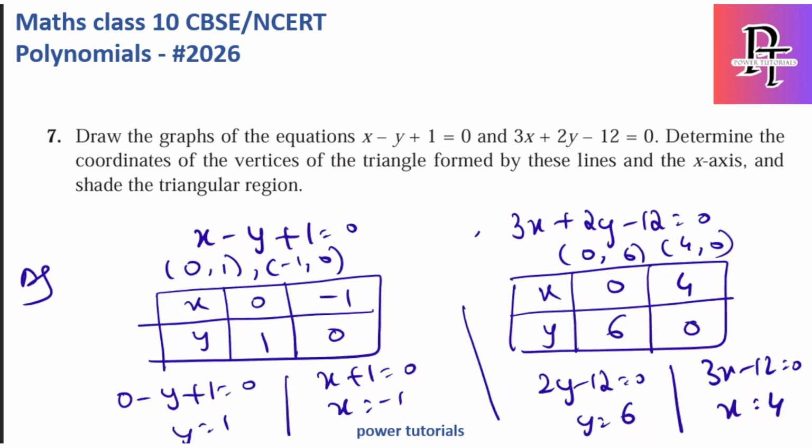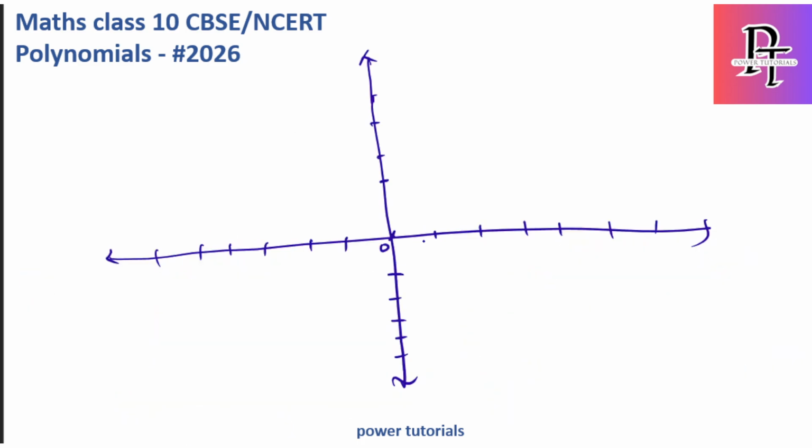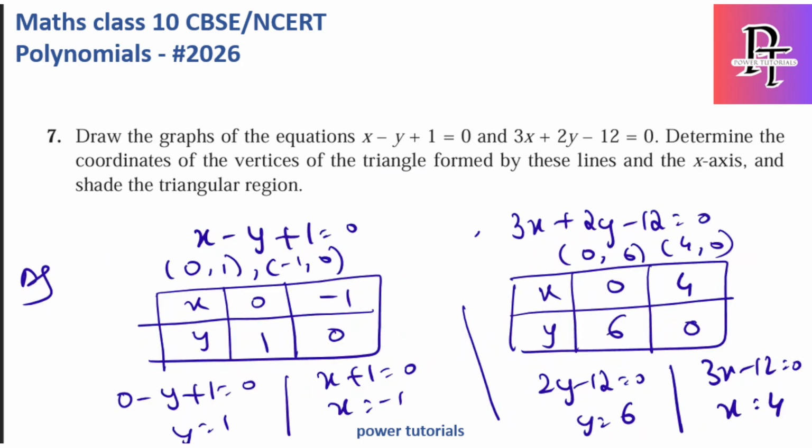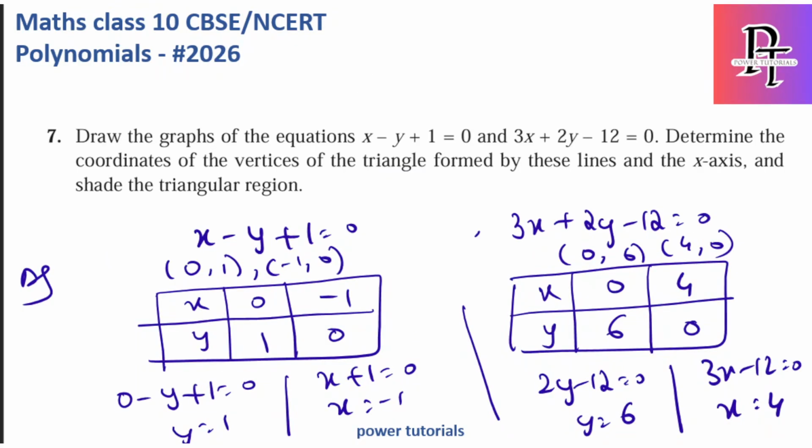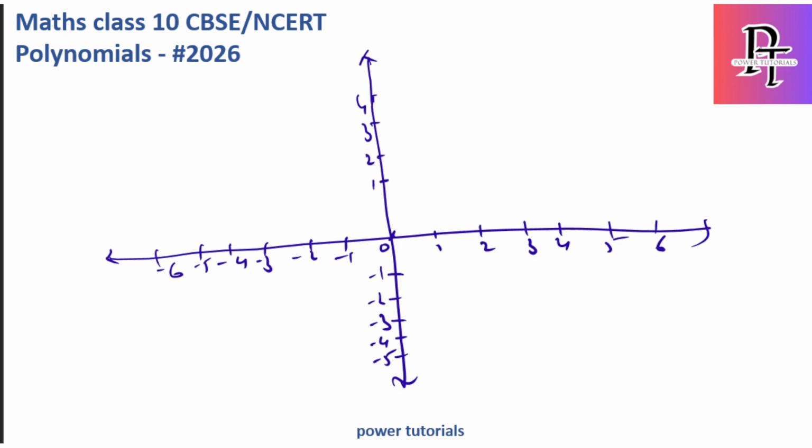On the x axis you can use 1, 2, 3, 4, 5, 6, and minus 1, minus 2, minus 3, minus 4, minus 5, minus 6. On the y axis, the top will be 1, 2, 3, 4, and below it minus 1 to minus 5. We want 5 and 6 as well, so I'll prolong the positive y axis. Here it is a rough diagram, but as I told you, I will draw it in the graph sheet as well.